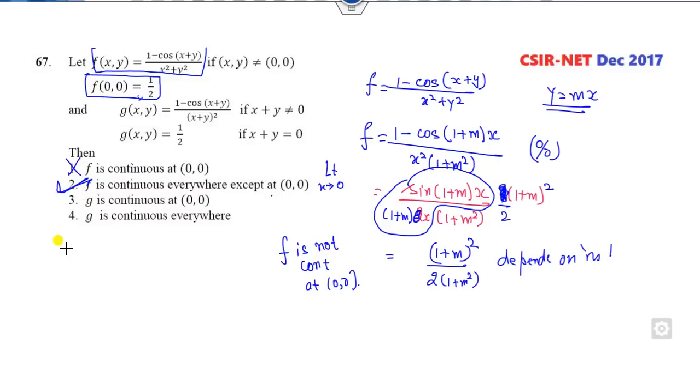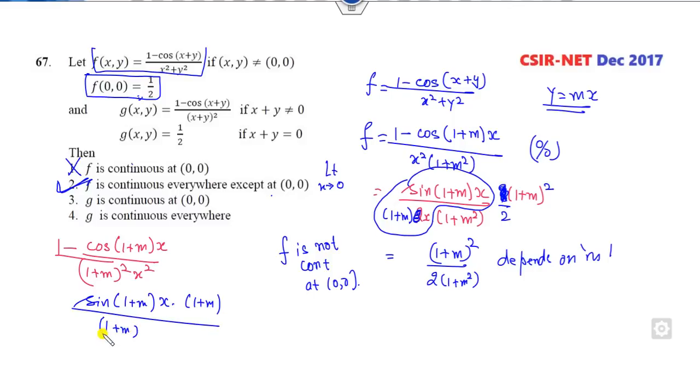So how can you check about the G again? I can take the path y is equal to mx. So 1 minus cos of 1 plus m times x divided by 1 plus m whole square of x square. So again it's a 0 by 0 form. If I divide them, 1 plus m of x into 1 plus m divided by 1 plus m whole square of 2x.